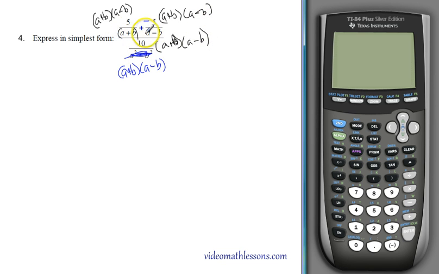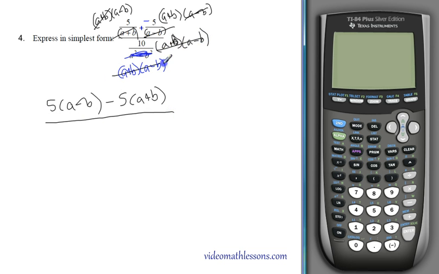I think these have parentheses like this. If they don't have them, you can add them. a plus b cancels a plus b. I get 5 parentheses a minus b plus a negative 5 times a plus b. All over, these both cancel. I get 10.